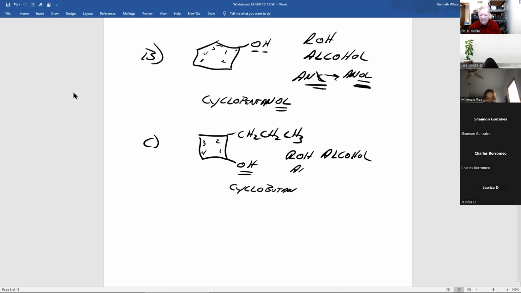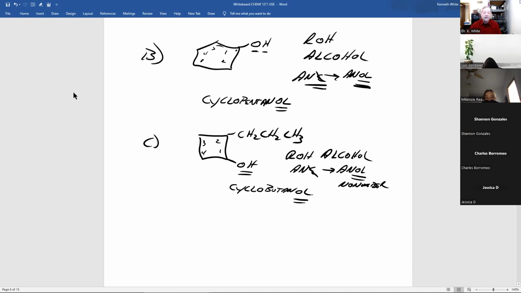And name this cycloalkane and drop the E, add OL, no number, but the carbon with the hydroxyl group is always number 1.